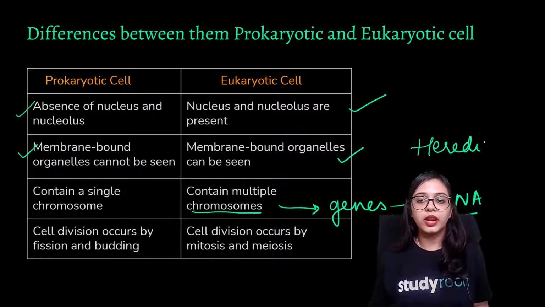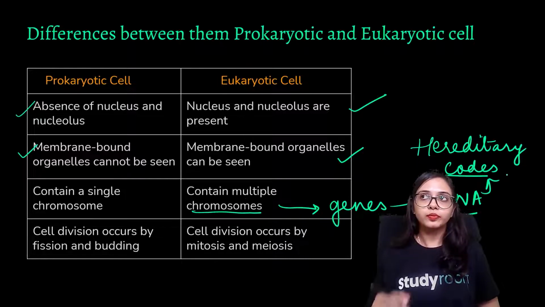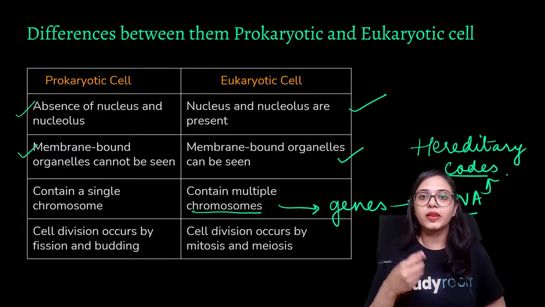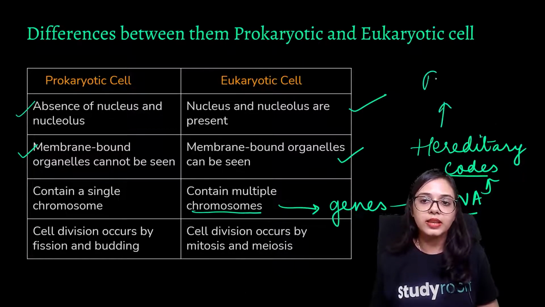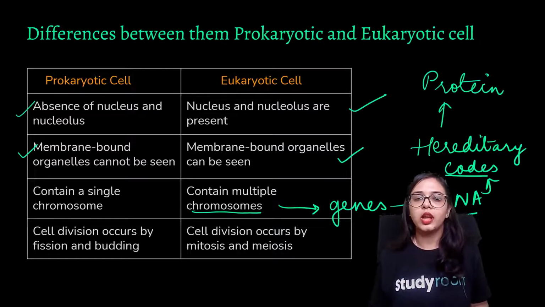I mean, it contains those biochemical compounds, and those are the hereditary codes that later on go on to make some proteins, and those proteins, they determine whether your hair will be curly, whether your hair will be straight, whether you will have blue eyes, whether you have brown eyes.